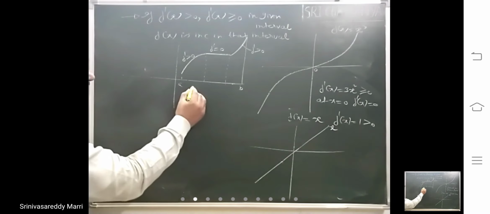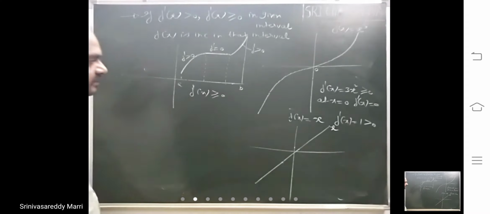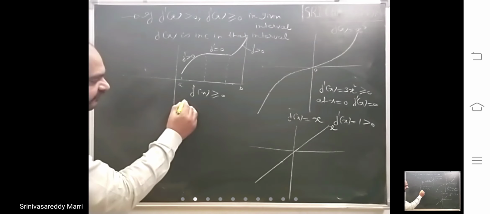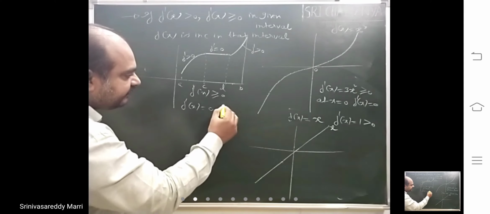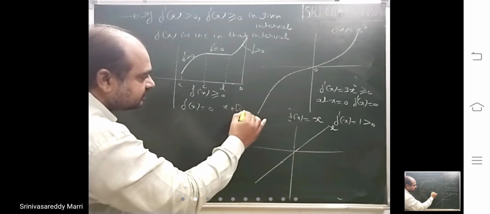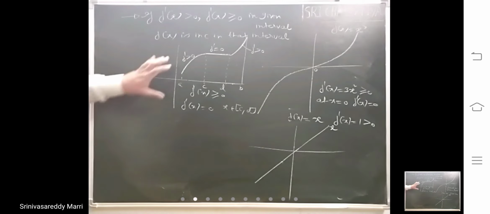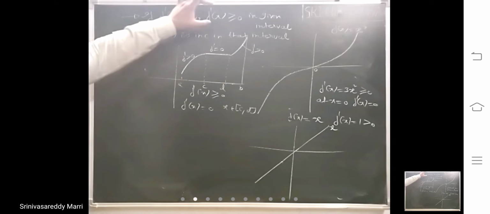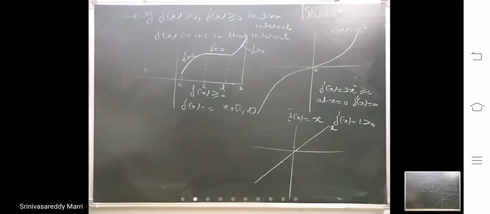That means for this function, in that interval, f dash x is greater than or equal to 0. This is a non-decreasing function. So this is also an increasing function only. That's why whenever you get derivative positive or greater than or equal to 0, you write that it is an increasing function.